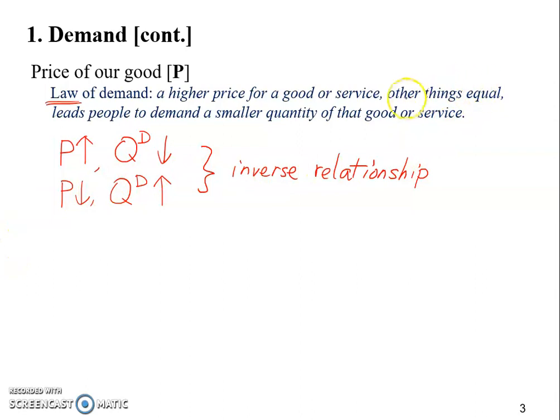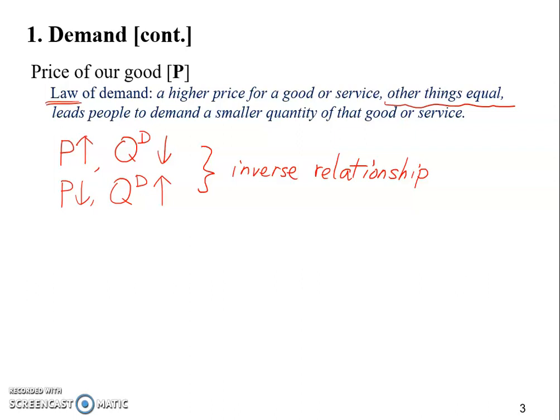Now here we also need to clarify these three words: other things equal, or sometimes we use the Latin words, ceteris paribus. Other things equal here means there could be some other factors that will change people's purchasing decision.